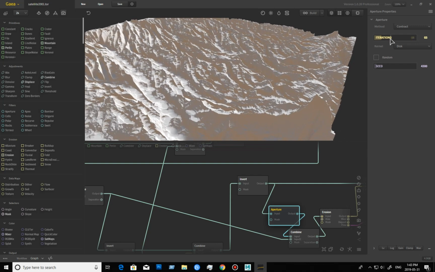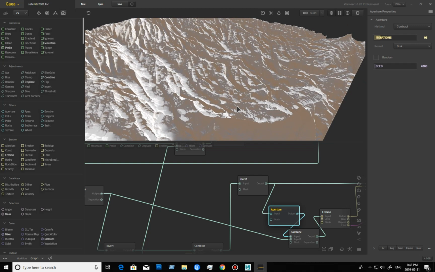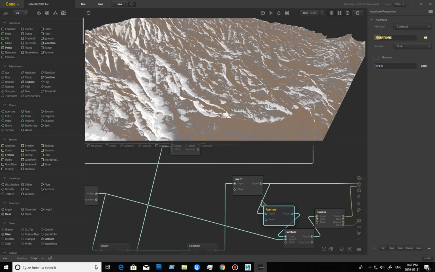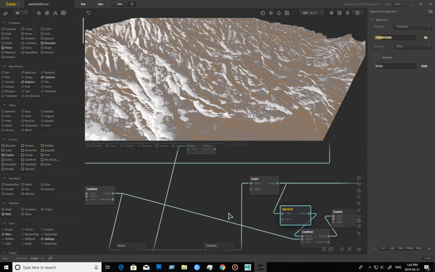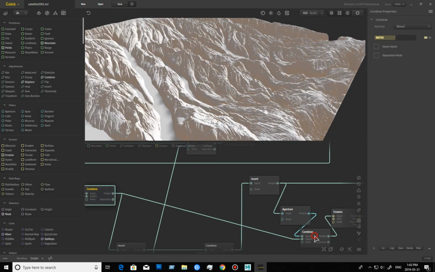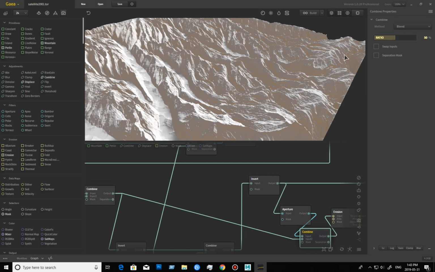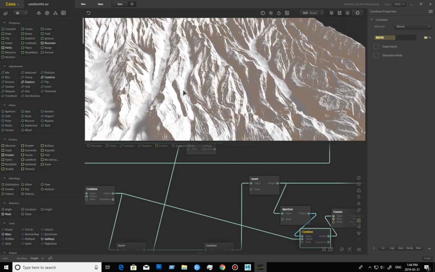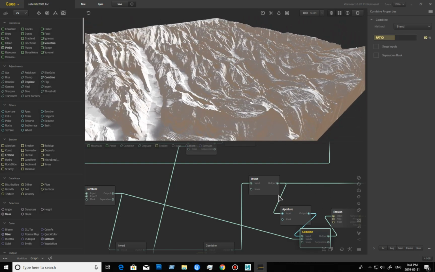So at 512 it's 1, 1K, it's 2, 2K, it's 3, 3K, it'd probably be 4, and on up. So I took that and apertured it, and then brought back this earlier version and combined them together, 50% blend, and that gave me something decent.